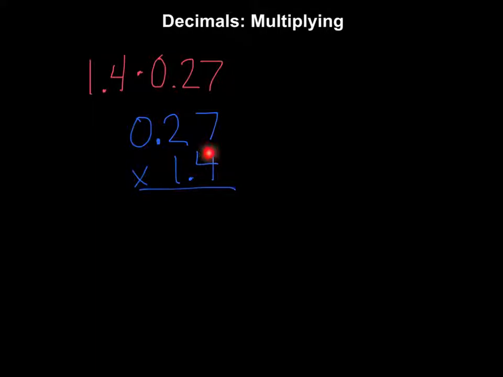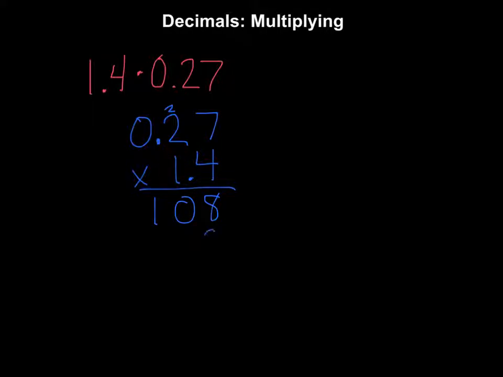So let's multiply. 4 times 7 is 28. Put the 8 down, carry the 2. And then 4 times 2 is 8, plus 2 is 10. Then we move on to the 1.